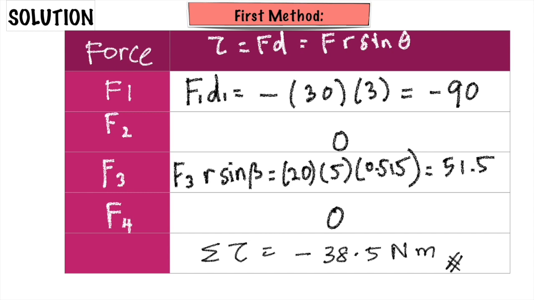For F3, torque is equal to F3 R sine beta. Then F3 is 20, R is 5, sine beta is 0.515, then we will get 51.5. F4 torque is 0, then we total up all the torque, we will get negative 38.5 Newton meter.